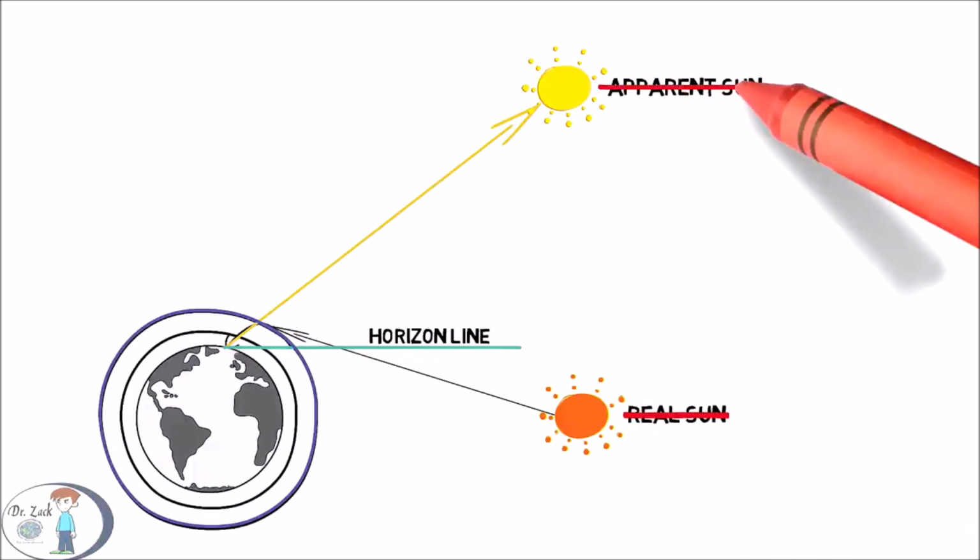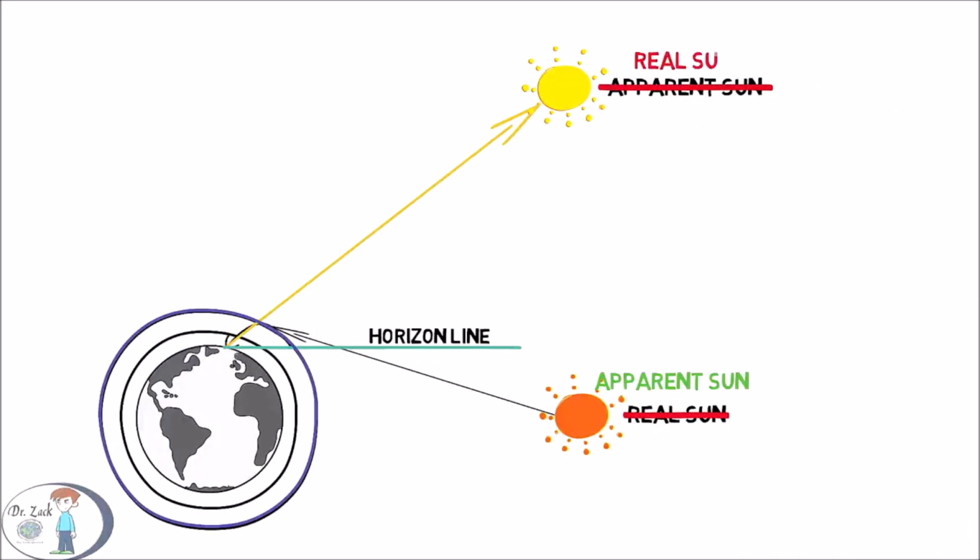The apparent sun goes down first, and the real sun follows it. That is contrary to the way refraction is normally presented.